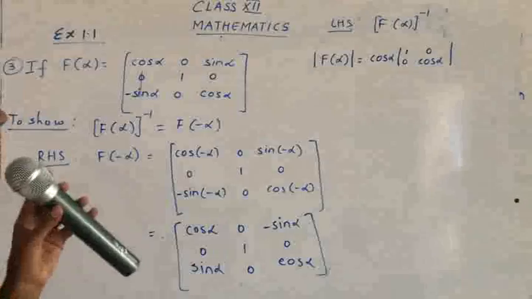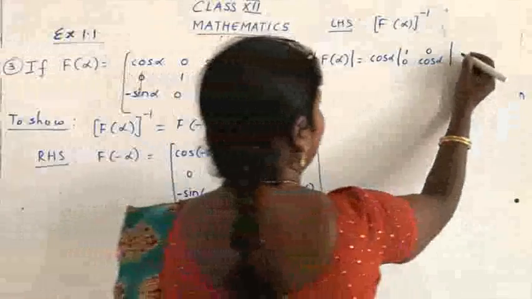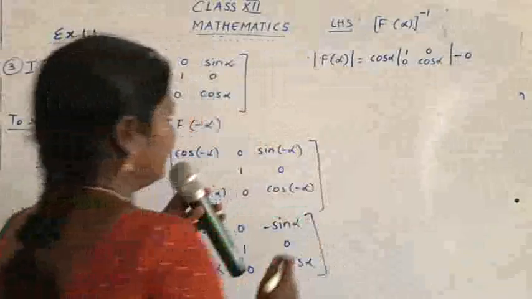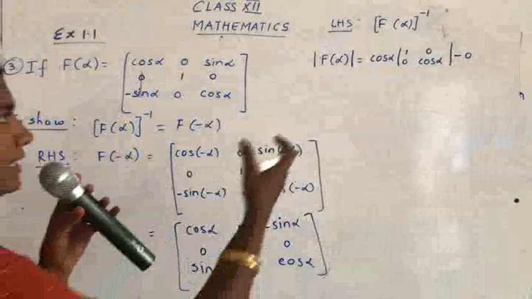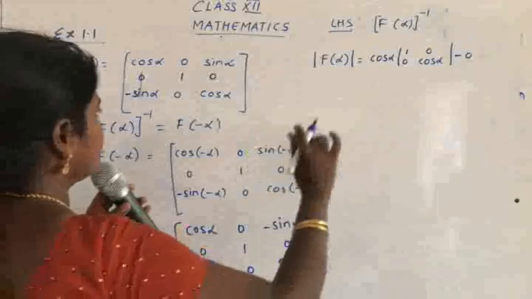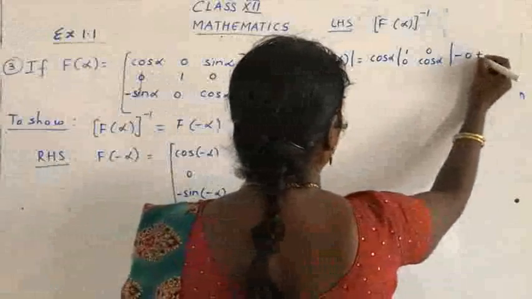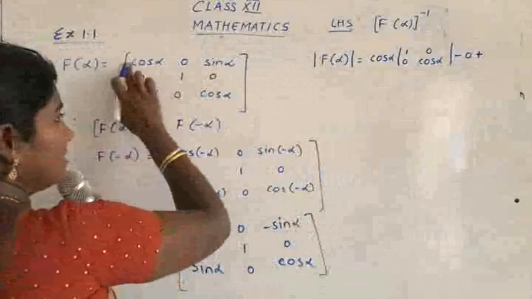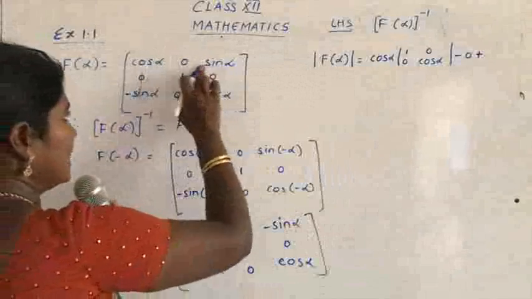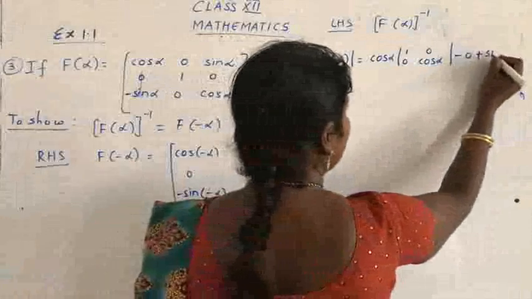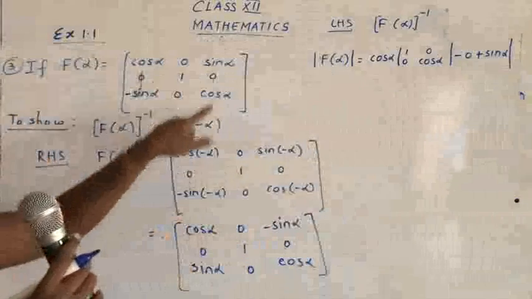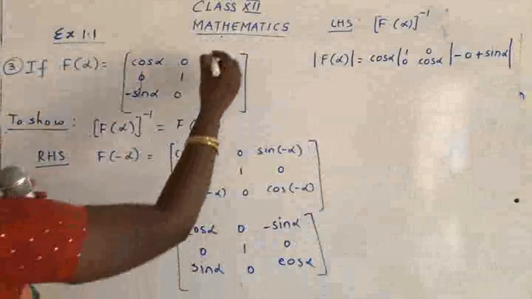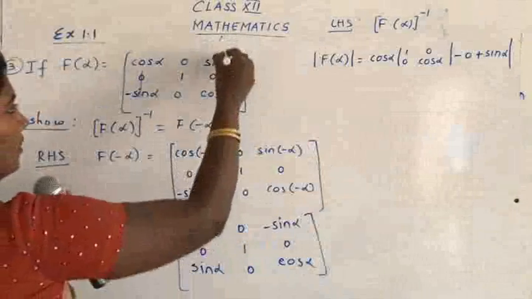Okay. Now next is minus 0. Whatever you multiply with 0, you're going to get the answer as 0. So just leave it. No need to write any matrix over there. So just keep it as 0. Now plus. It was plus, minus, plus. So plus sine alpha. What is left? So see, eliminating that particular row and column.